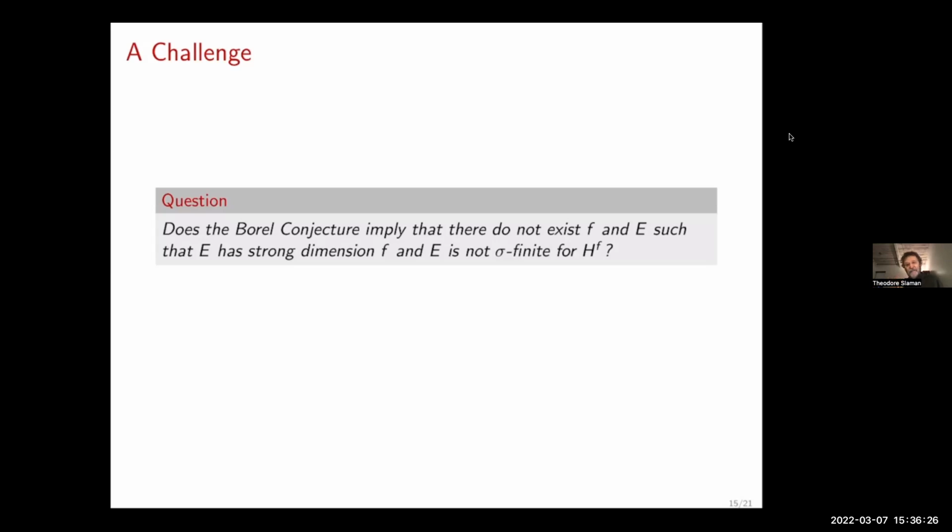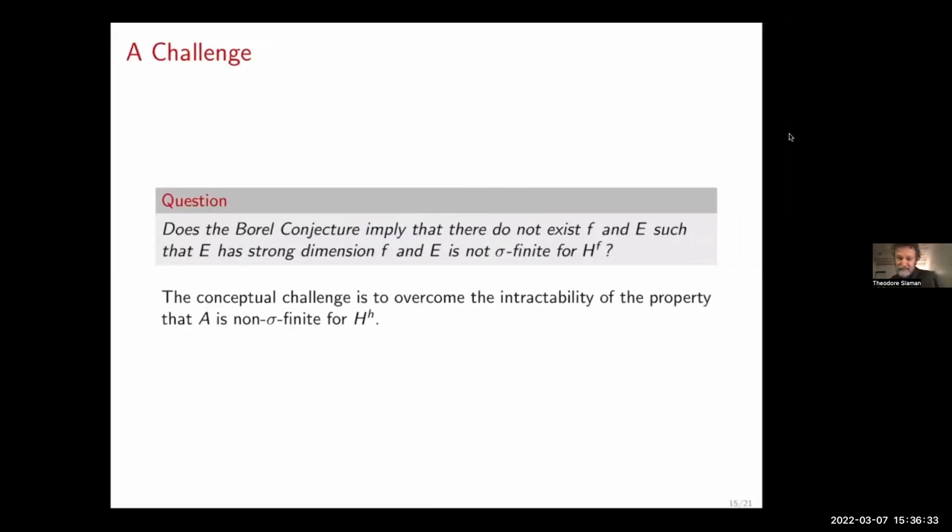It has subtleties that don't show up in Laver's proof of the consistency of the Borel conjecture. The conceptual, or you could say technical, problem, depending on your view of these things, is to overcome what I see as an intractability in working with the property of an arbitrary set of whether it is non-sigma finite for a particular measure.